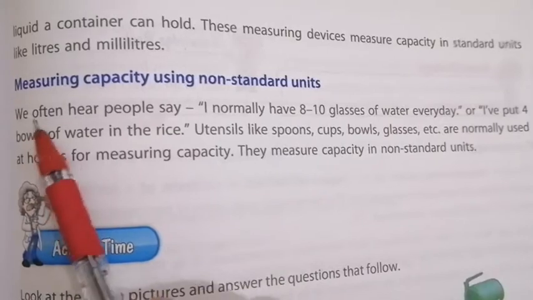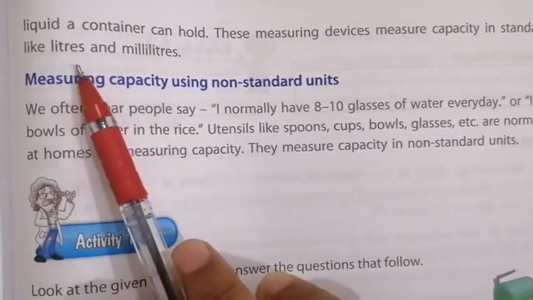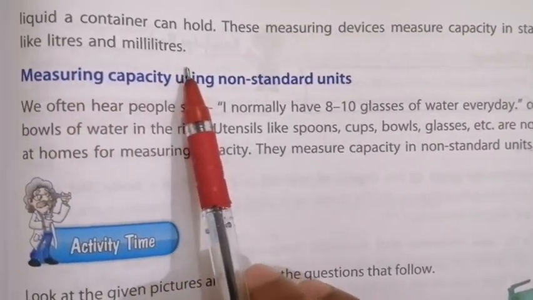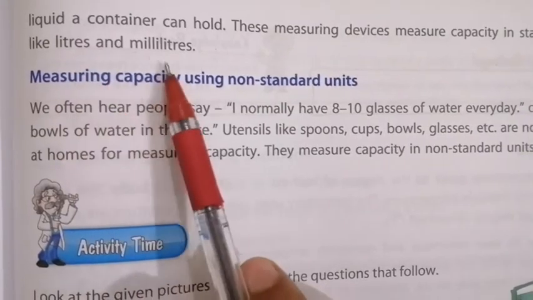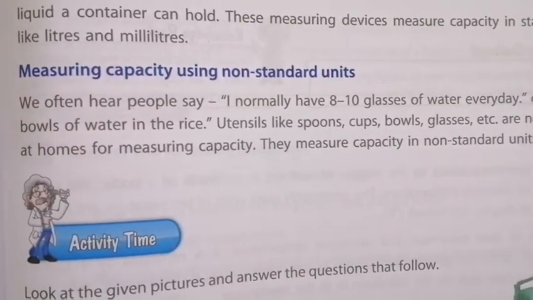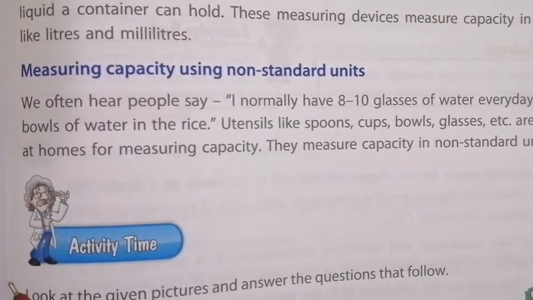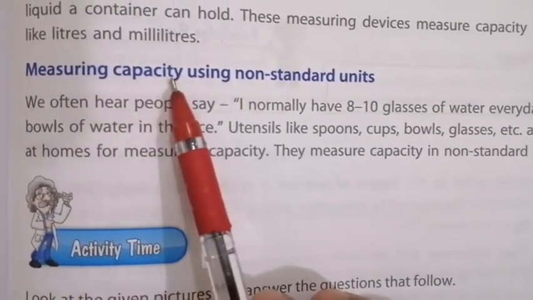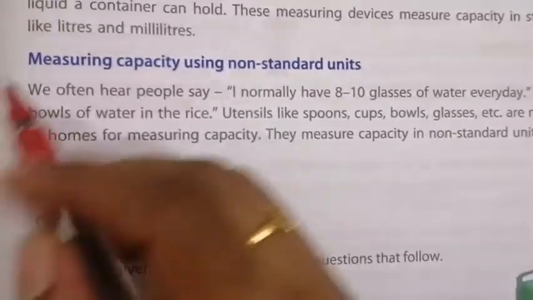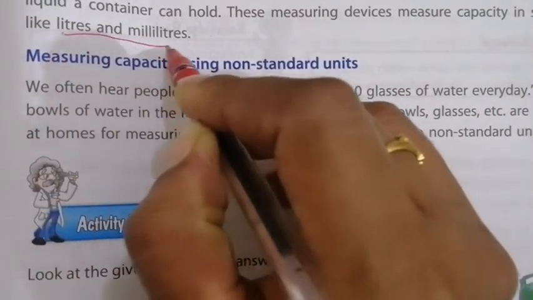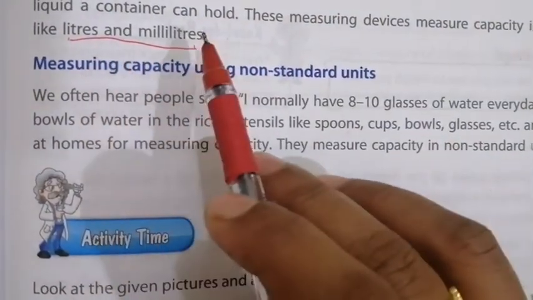So what is the unit for measuring liquids? Liter and milliliter. What is the unit? Liter and milliliter. So length is measured in meter, centimeter. Okay. But capacity is measured using liters and milliliters. What are they? Liters and milliliters.